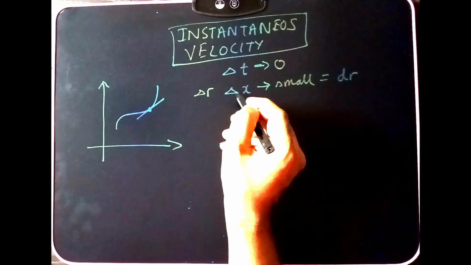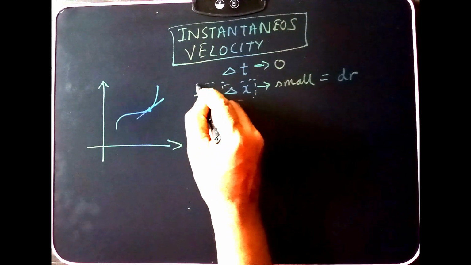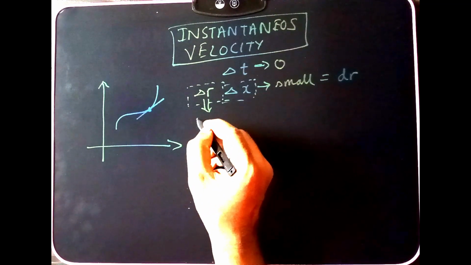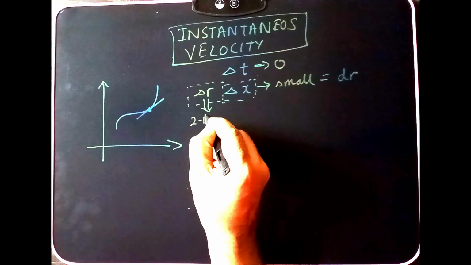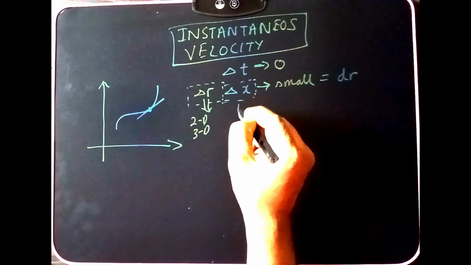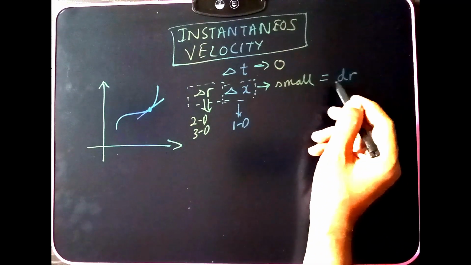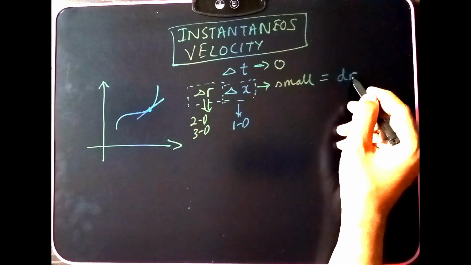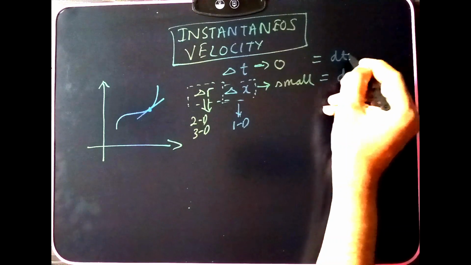Delta x is the notation for one dimension, and the notation for two and three dimensions is delta r. In most of our textbooks, we use delta r for two and three dimensions. This is for one dimension. Delta r is very small, so we can say delta r is equivalent to dr, which is very small, and delta t is dt.